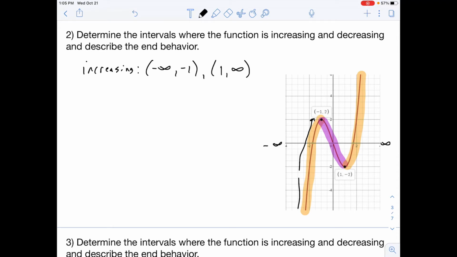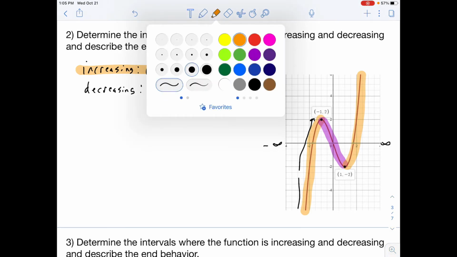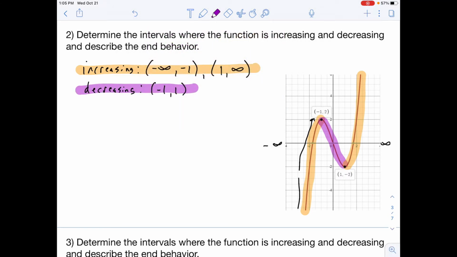Then this is decreasing, and I can even use the colors. That's the increasing part. So we are decreasing from negative 1 to positive 1. And I can use the color I used for that too. I think it was this one. Close enough. Okay?